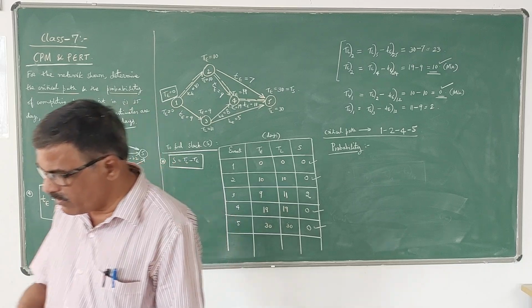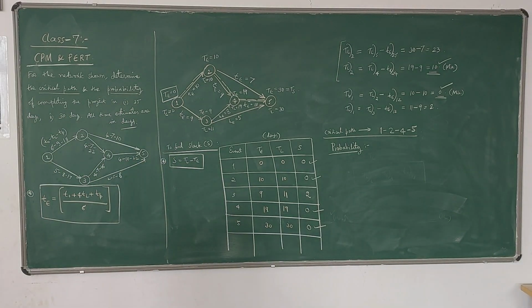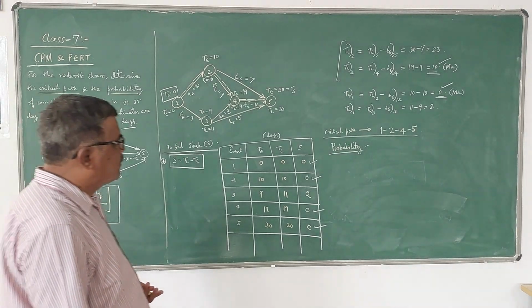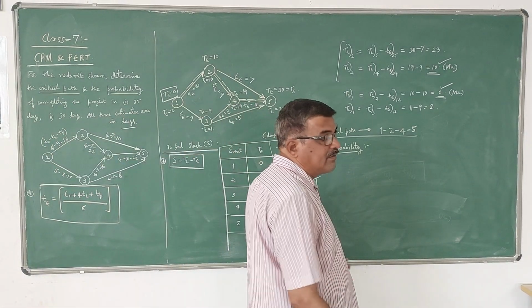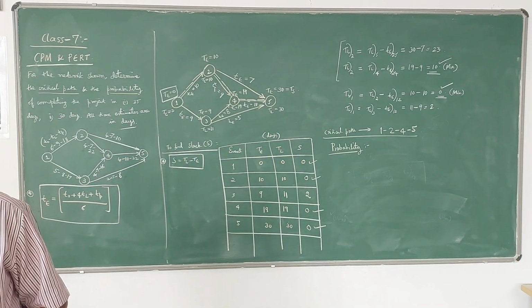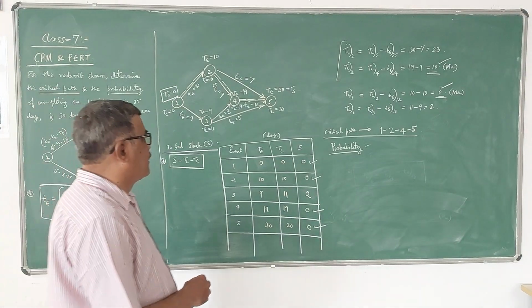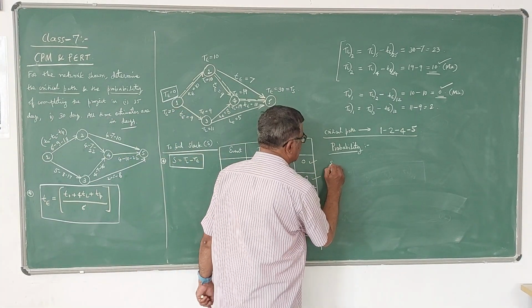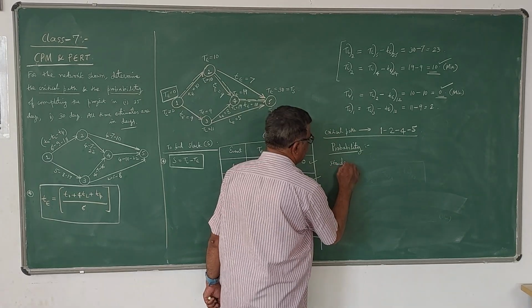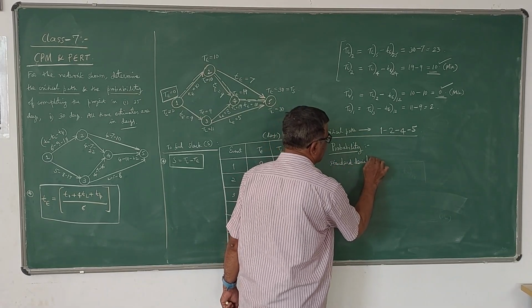I have already explained in the videos. To find the probability, we need to calculate one more thing, that is the standard deviation. After getting the standard deviation sigma value, only then can you find this probability. So the standard deviation formula is what we are using in PERT.